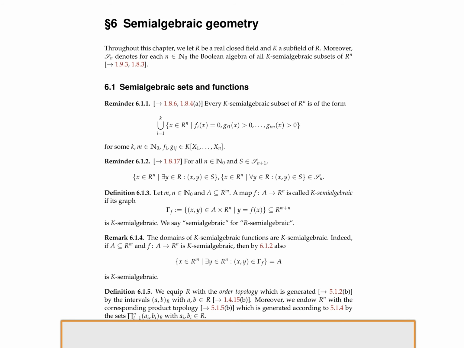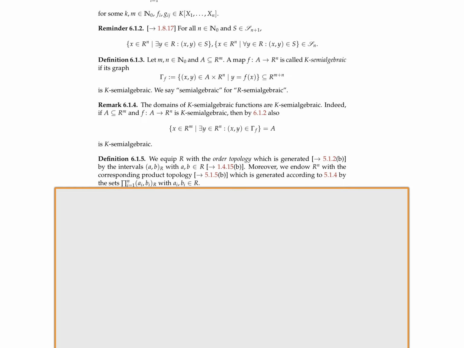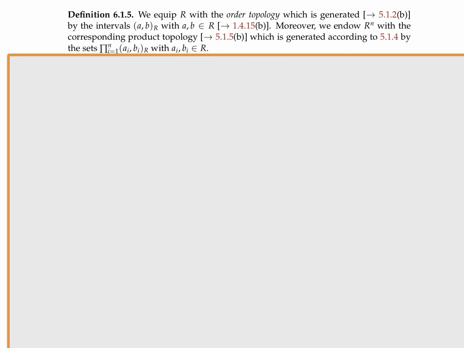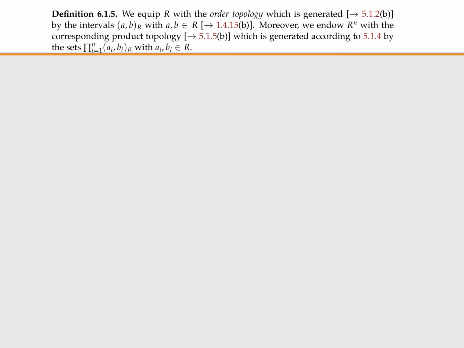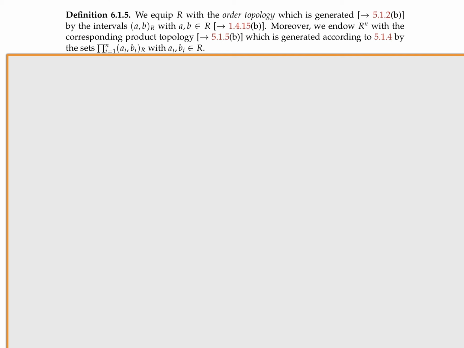Now, what we avoided so far is to equip a real closed field with a topology. One reason why we avoided it is just because we were too lazy, but also this topology doesn't play the same important role as it does for the real numbers, for example. But nevertheless, it does play a role, and therefore we now equip R with the order topology, which is generated by the intervals.